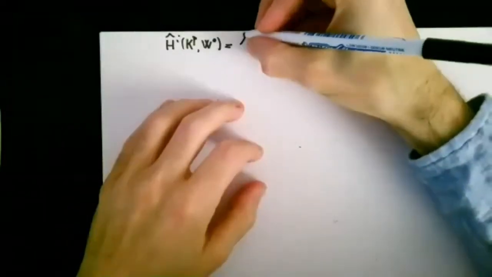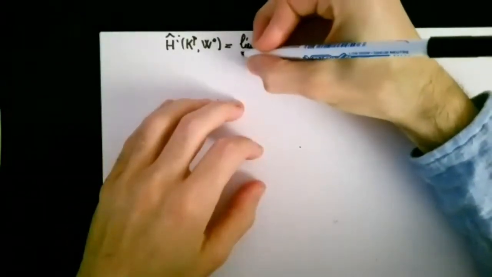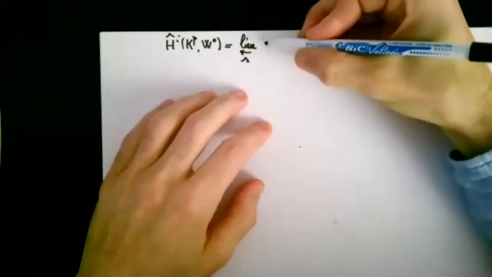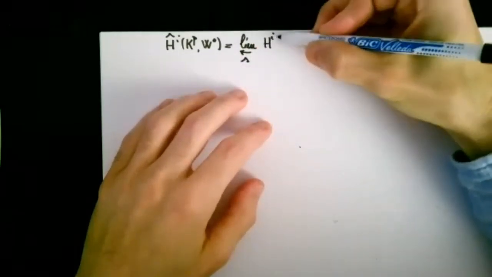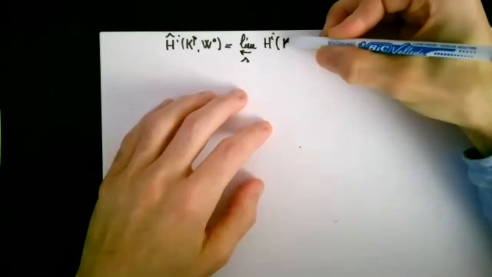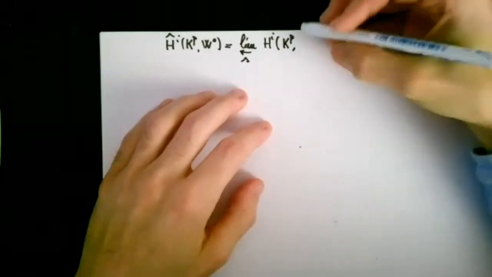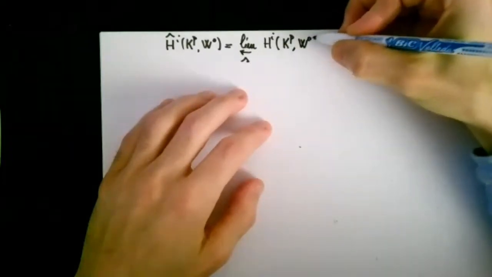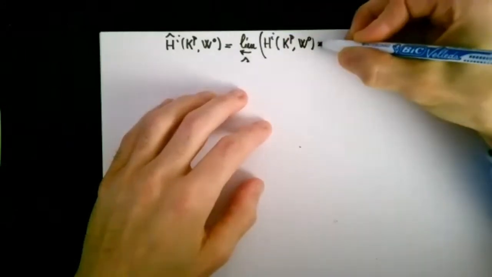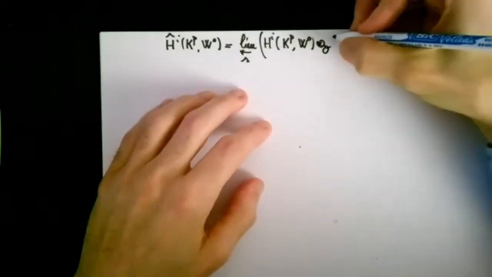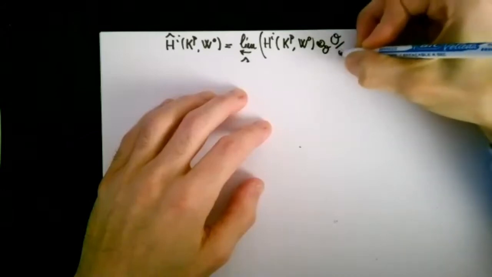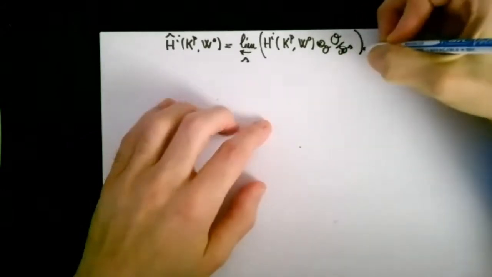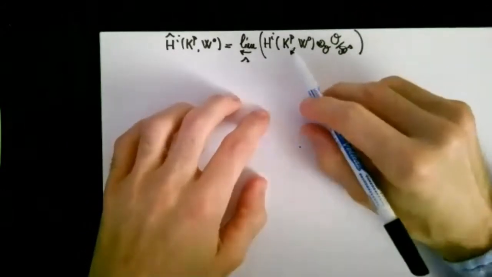So we consider the limit here over S of the HI K upper P W naught over O omega S, endowed with discrete topology.